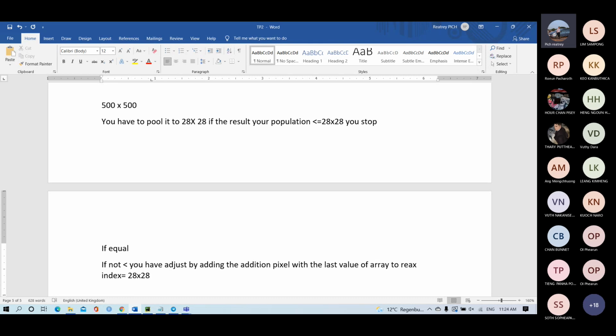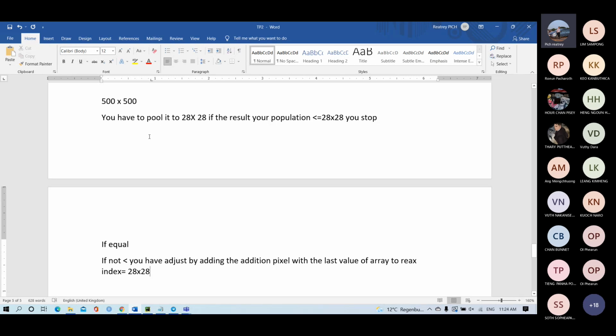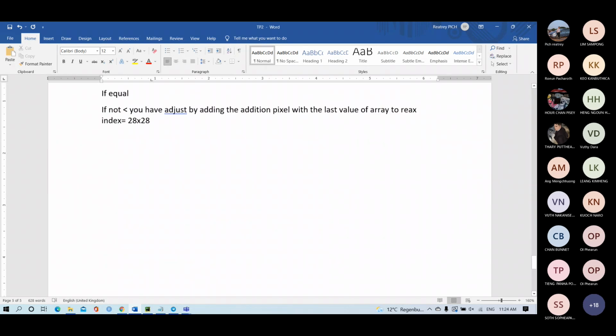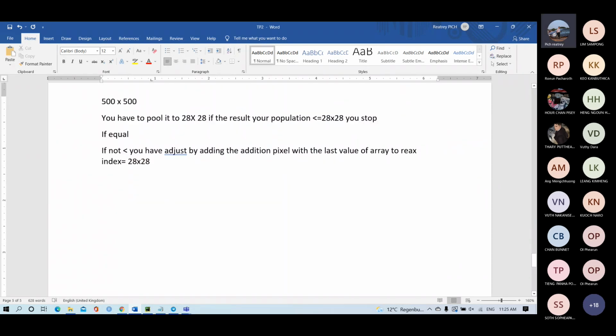So this is the easiest way to convert the data. This is the algorithm that we try to apply, the easiest one that you can try to apply. It's very easy.